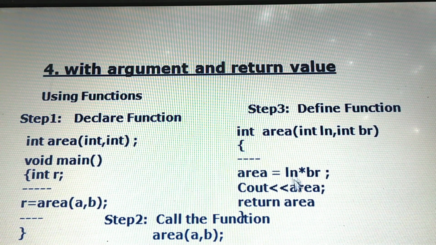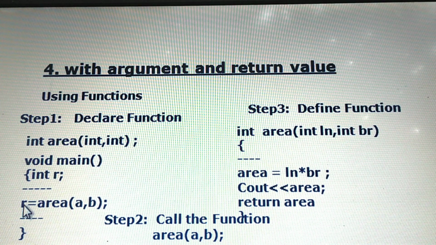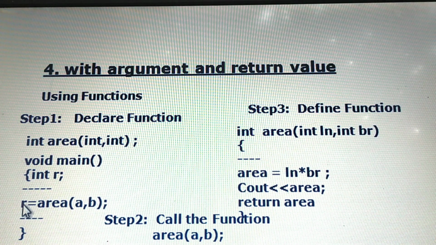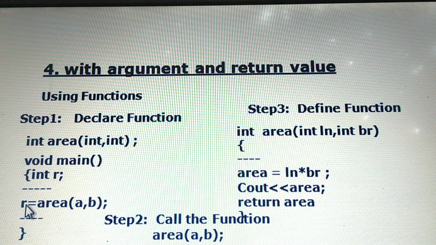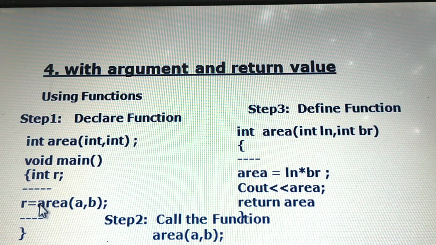Whatever we return from the function, we have to store in a variable. So take the variable r and assign the returning value of the function to the new variable r. In the main program, where we accept a returning value, we have to take one new variable to assign the value returned by the function call.